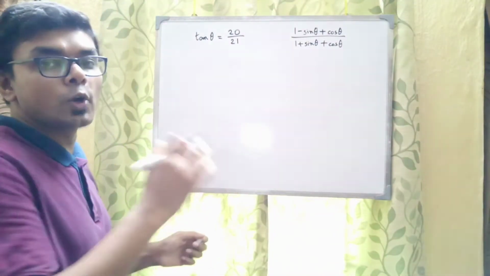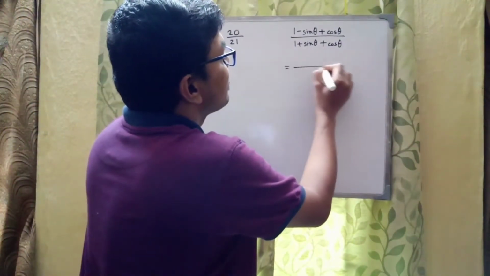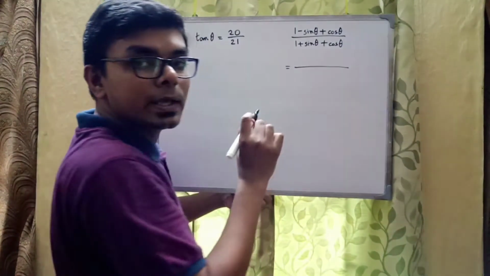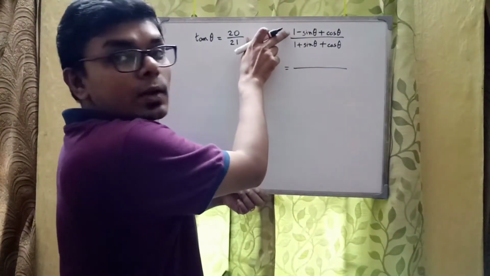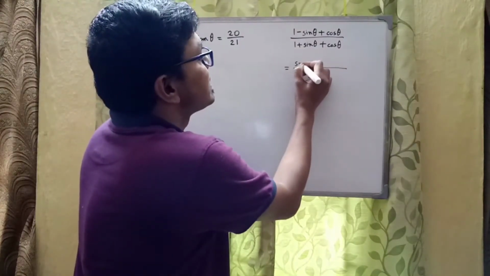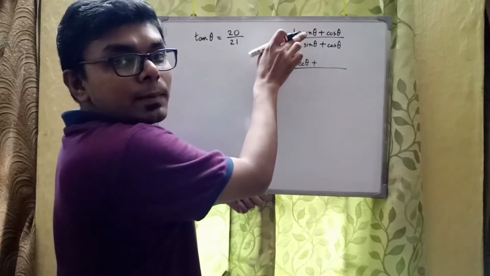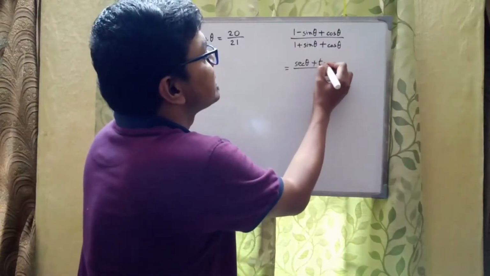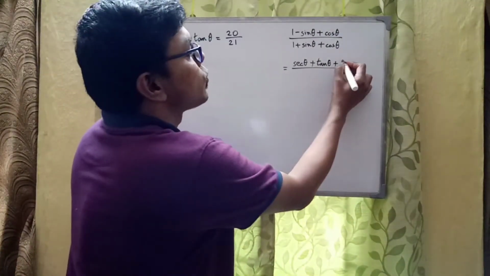For those of you who are not understanding yet, I'll just show in short. If we divide both the numerator and denominator by cos theta, what happens? So 1 by cos theta, here 1 is there, 1 by cos theta, that gives us sec theta. Then sin theta is here, so sin theta by cos theta, that gives us tan theta. And we have cos theta by cos theta, that is 1.